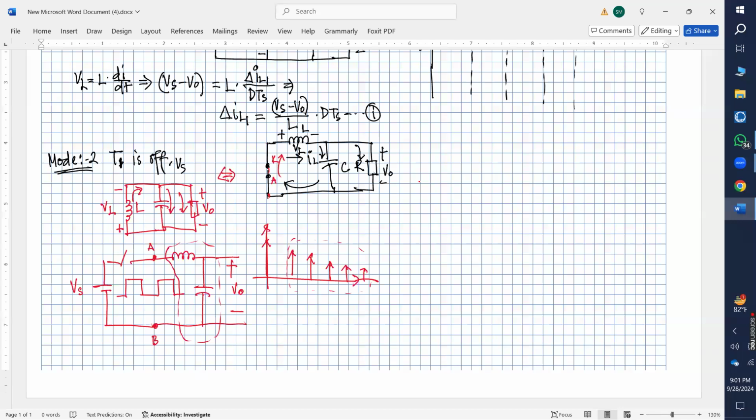Suppose you have an inductor and a capacitor. The inductor reactance XL is 2 pi F multiplied by L. For the high frequency components, suppose this is the fundamental, then third harmonics, fifth, seventh, ninth harmonics, and zero harmonics.